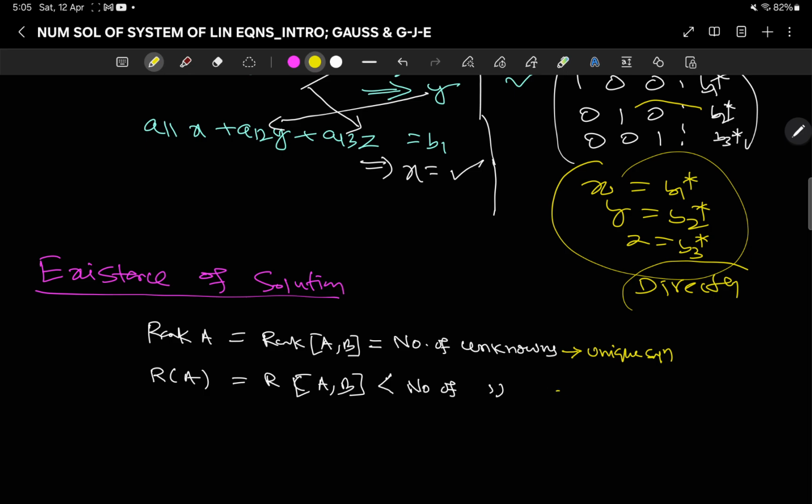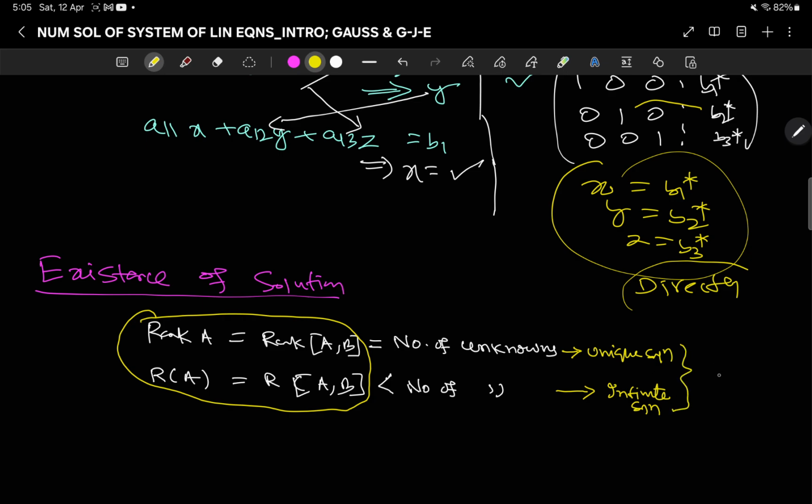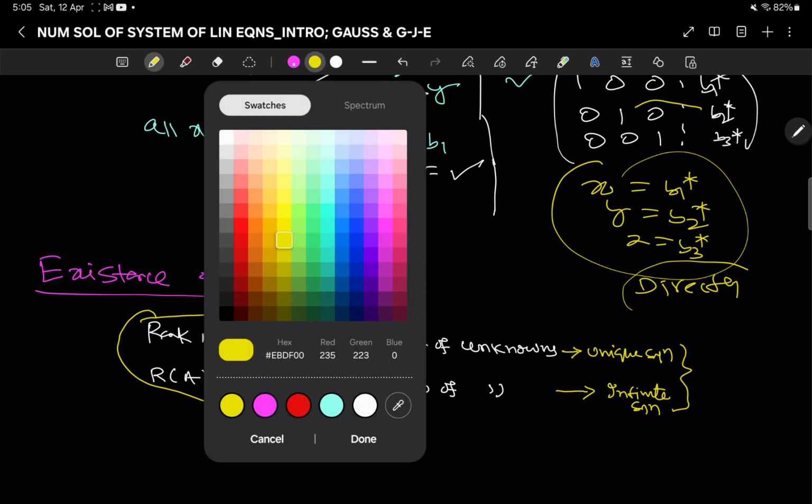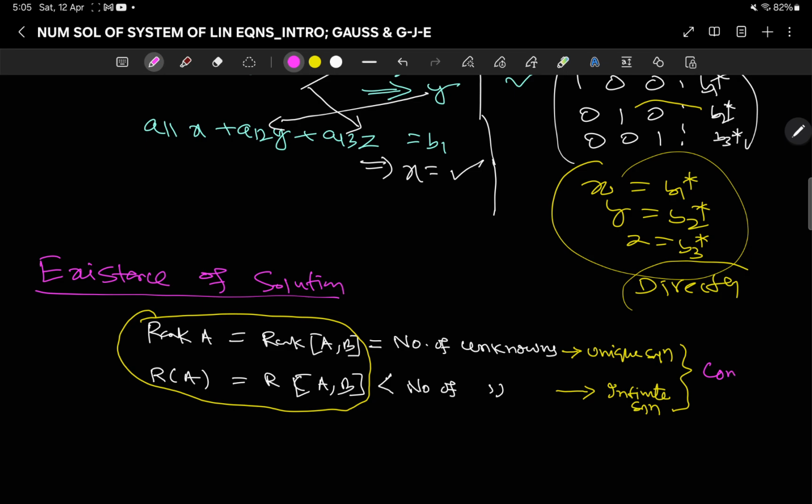If it is less than the number of unknowns, then it leads to infinite solutions. In both the cases, rank A is equal to rank AB. If this happens, then the solution exists, and we say the system is consistent, meaning the solution exists.